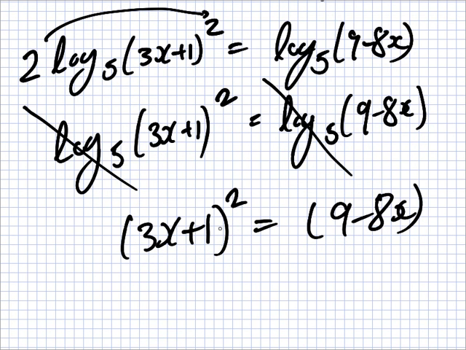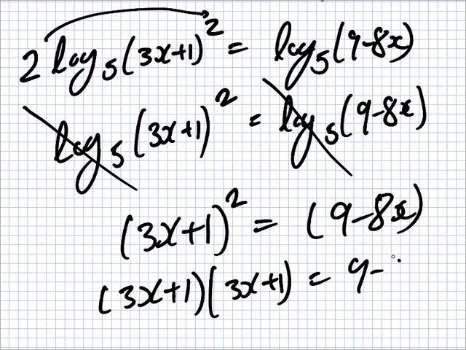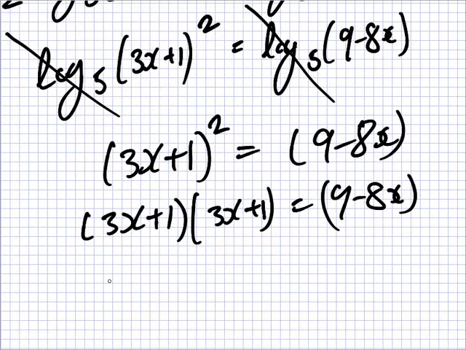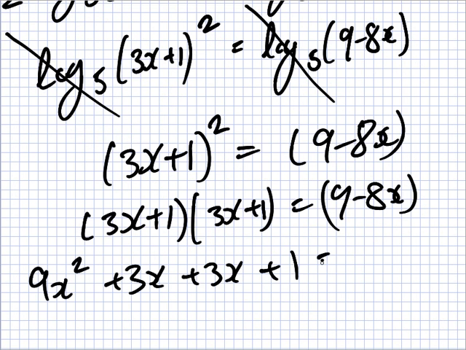Oh, we expand here. So you can change this into 3x plus 1 times 3x plus 1 equals 9 minus 8x, because the square means you multiply. So this becomes 9x squared plus 3x plus 3x plus 1 equals 9 minus 8x.